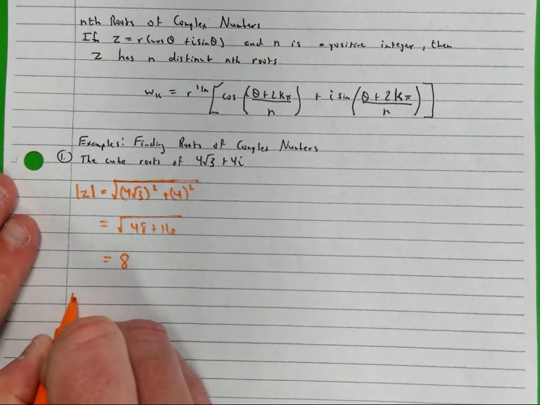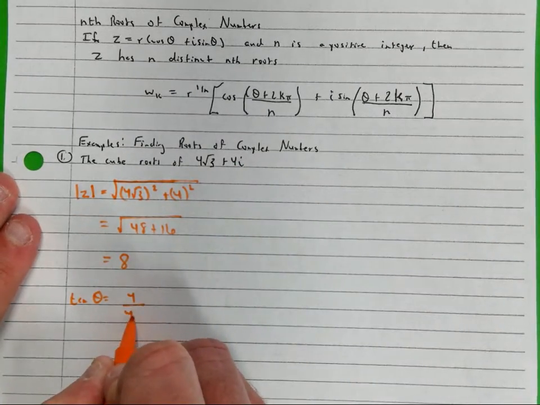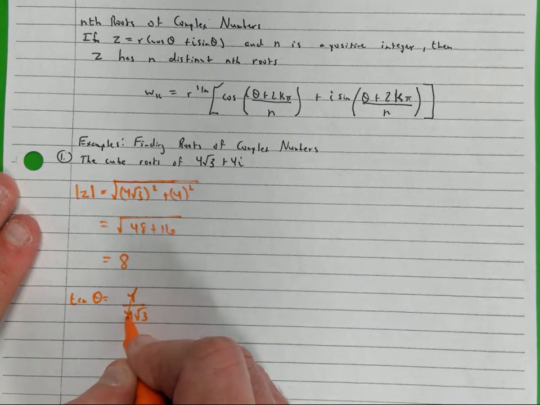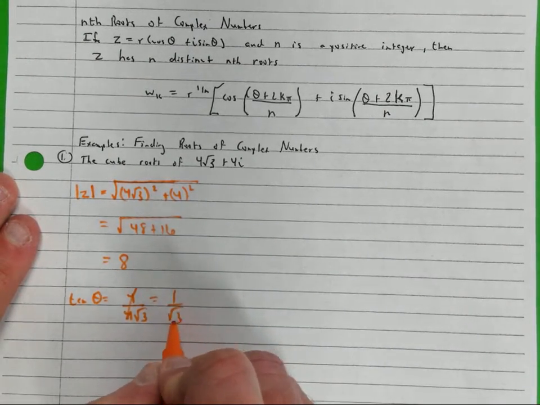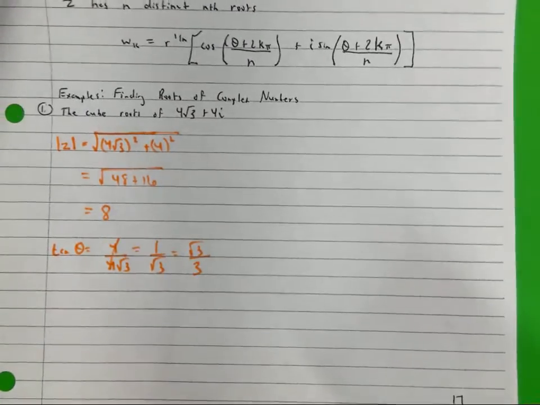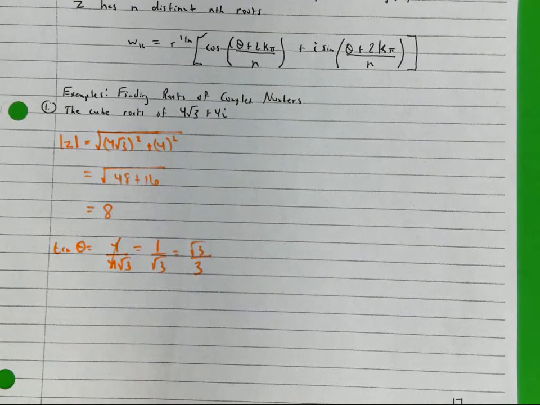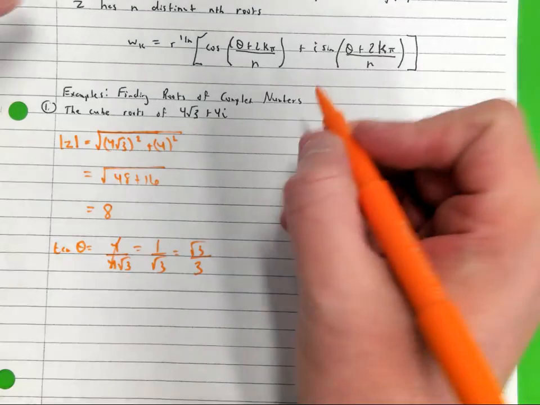To find the tangent, 4 divided by 4 root 3. What happens to these 4s? If I was to graph that in the complex plane to begin with, what quadrant would that be in? Quadrant 1. What family gives you a root 3 over 3? Pi over 6. Which pi over 6 is in quadrant 1? Pi over 6. So let's write this.